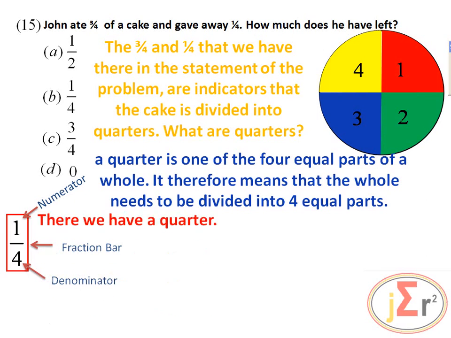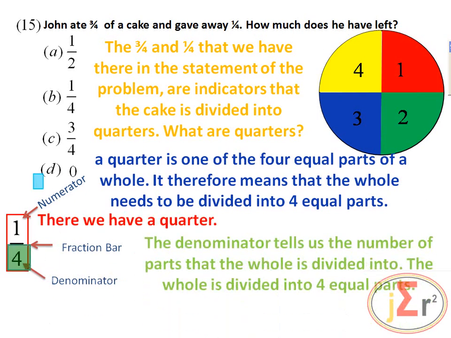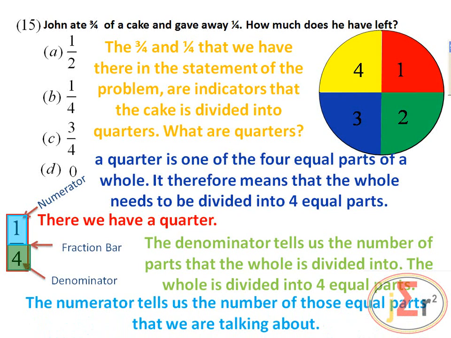There we have a quarter. The denominator tells us the number of parts that the whole is divided into. The whole is divided into 4 equal parts. The denominator of the fraction is actually 4, and if the denominator is 4, that means the whole is divided into 4 equal parts.